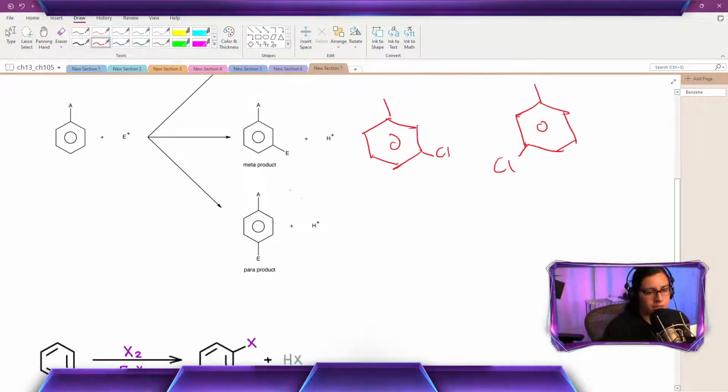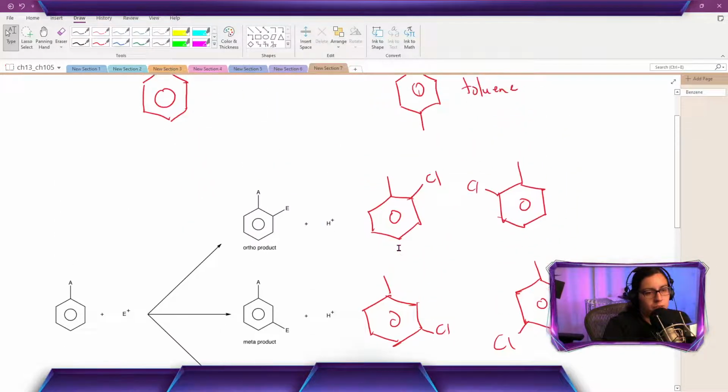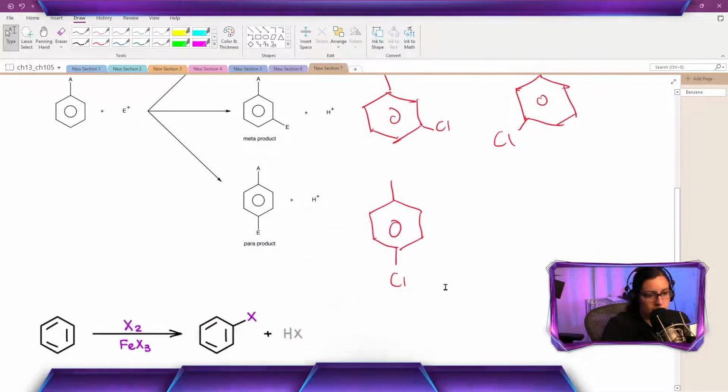And then our last type is para. So para is just directly across. So this would be parachlorotoluene. And so you could refer to this as ortho, meta, or para.